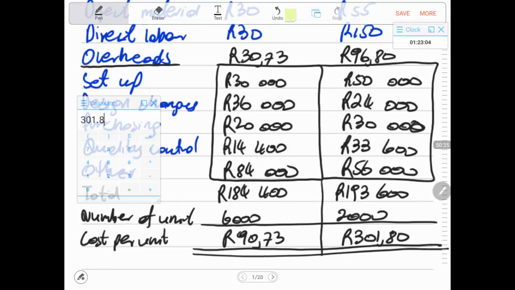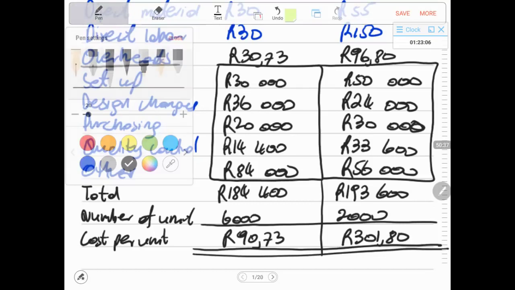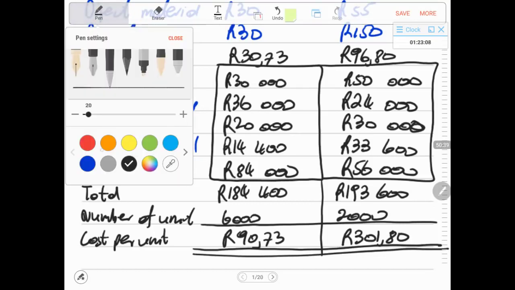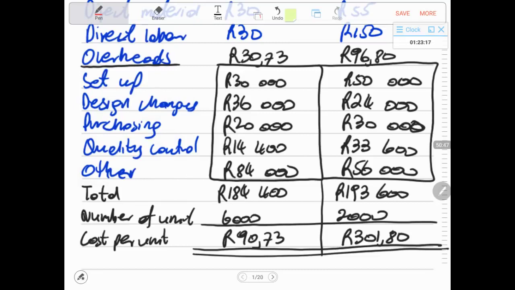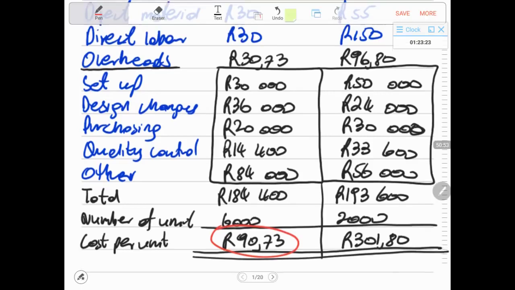Now, as I said to you, to some of the questions you might be required to compare the cost per unit using the traditional method and the ABC method. Now, in this case, if we look at just random comparison, we have 90 rand 73 cents in the ABC.